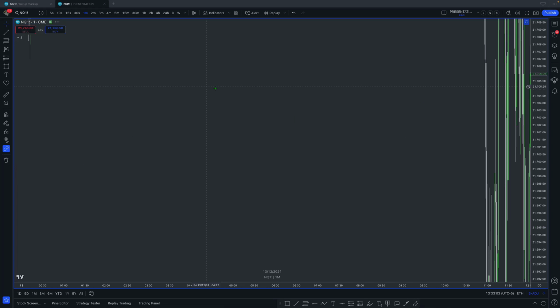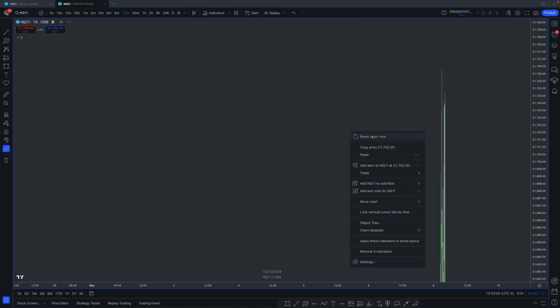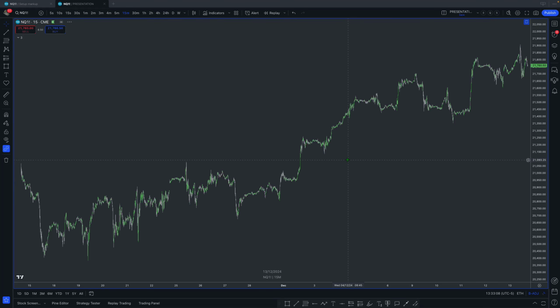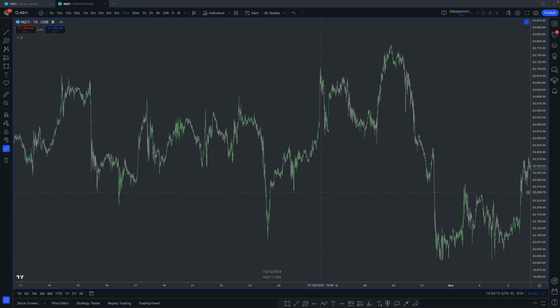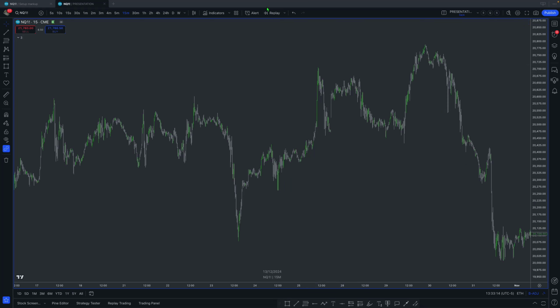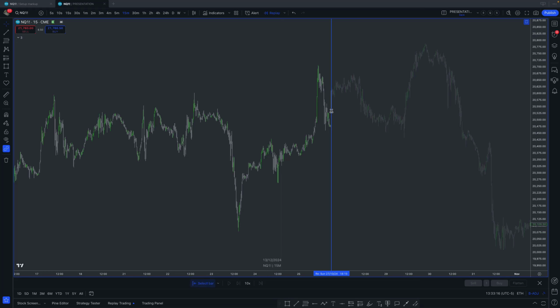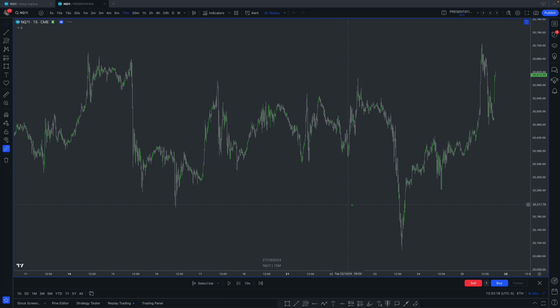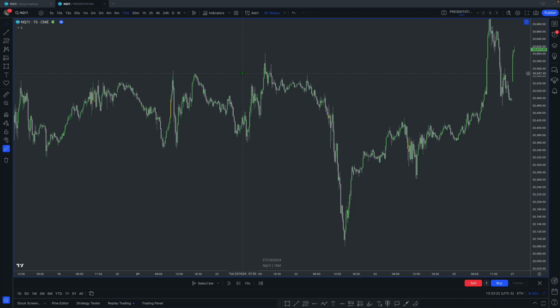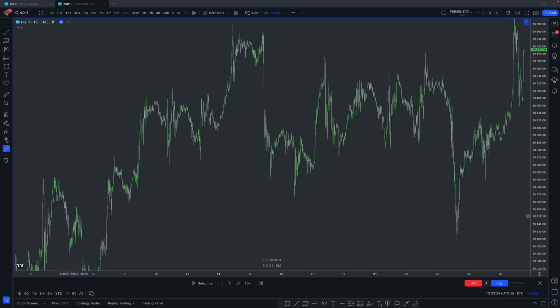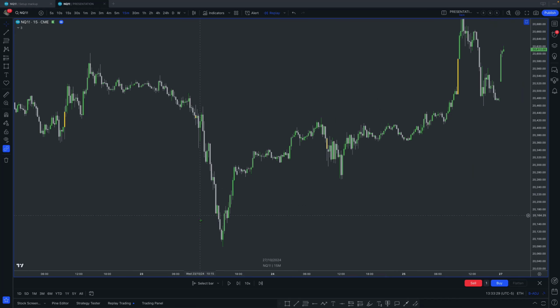Another example real quick that I just thought of that was nice, fairly recent, back here. So in this example we had this drop into a 4-hour order block over here, sweeping out all the sell side, and then a nice move away from that.